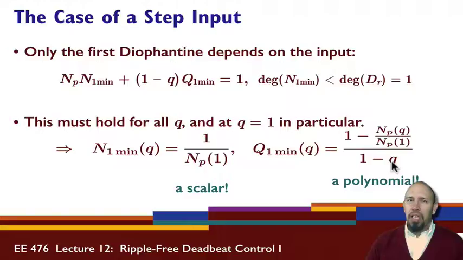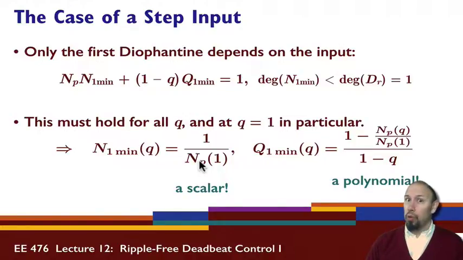How do we know it's a polynomial? Well, remember, incidentally, how do I know that this is not 0? How do I know that np1, I can actually divide by it?